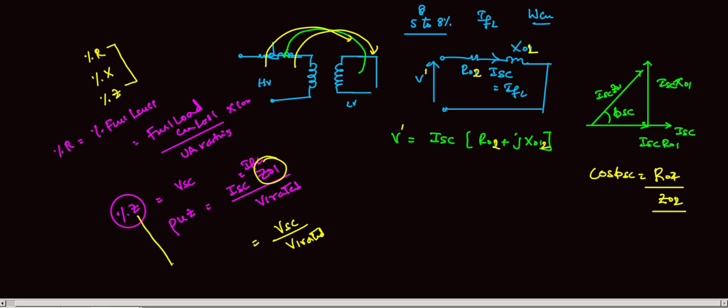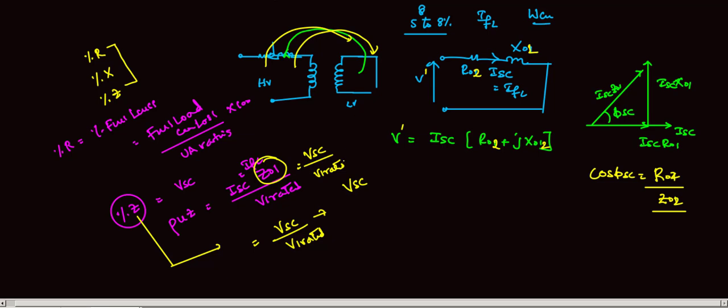So percentage impedance is nothing but the amount of the rated voltage required to produce the rated short circuit current. So you can see here VSC equals ISC into ZO1, that by V1 rated. That is, short circuit percentage impedance is nothing but the amount of voltage that is required.